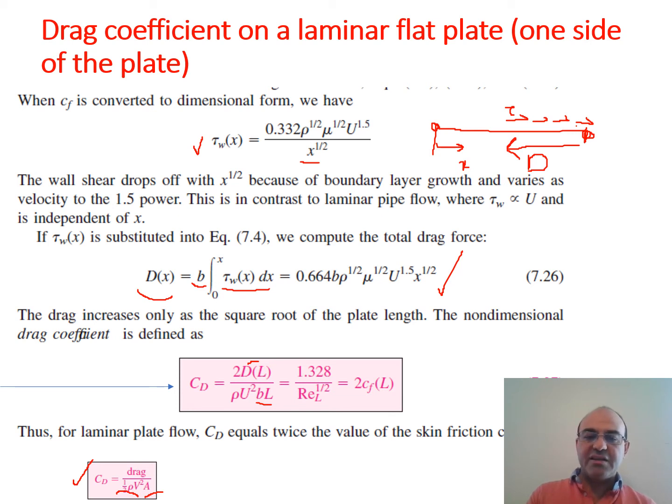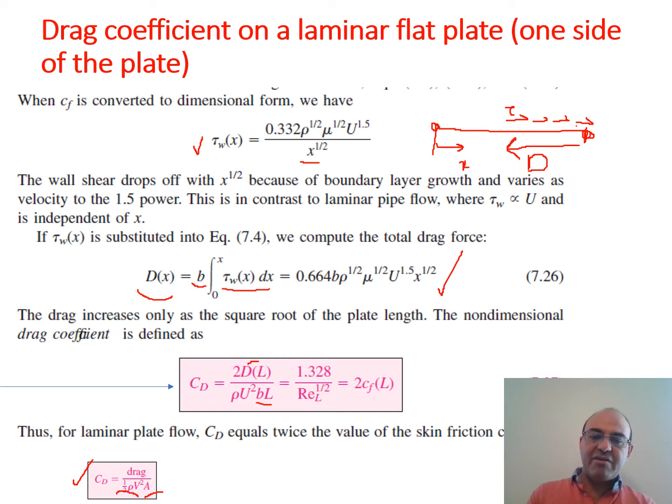So CD, the drag coefficient for laminar flow on a flat plate, is equal to 1.328 over Reynolds L, the length of the plate, to the power of 1/2.